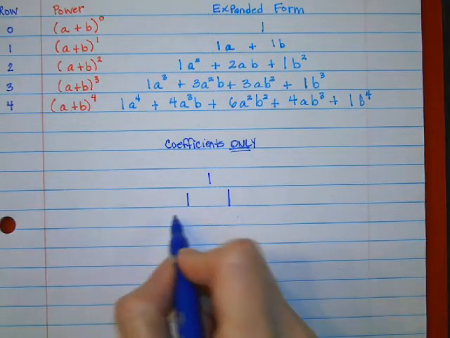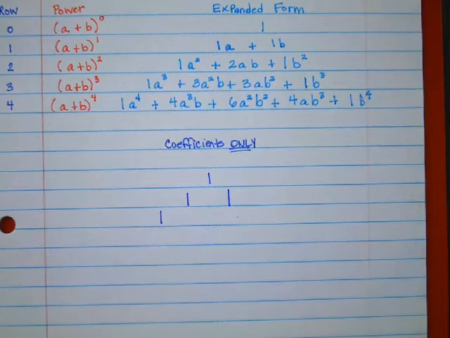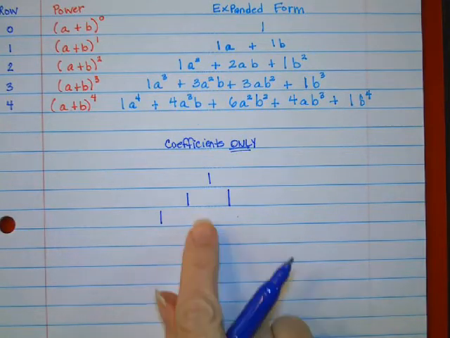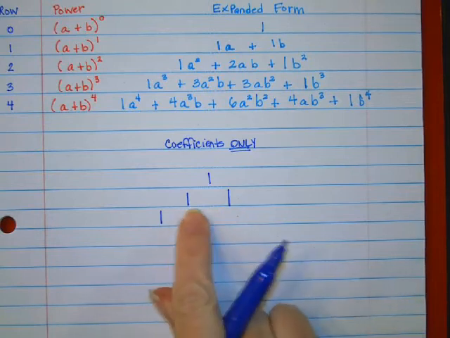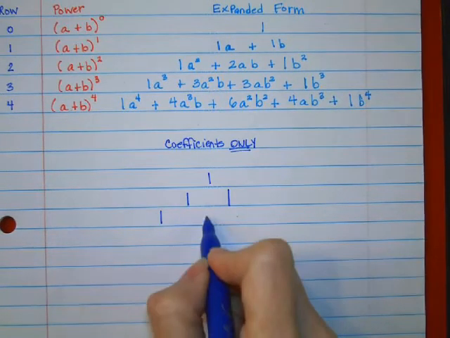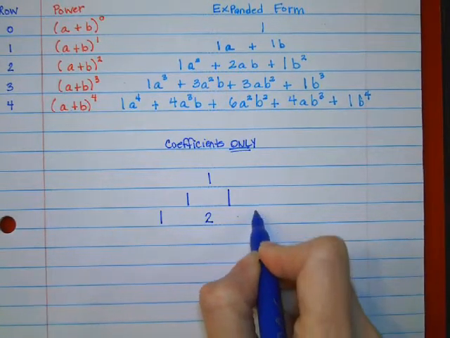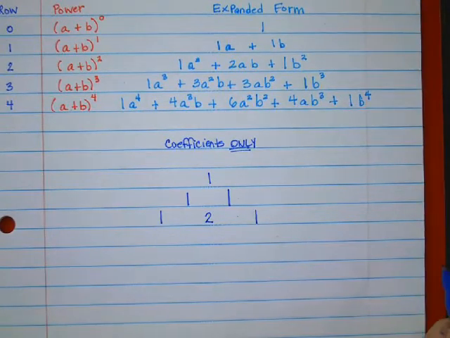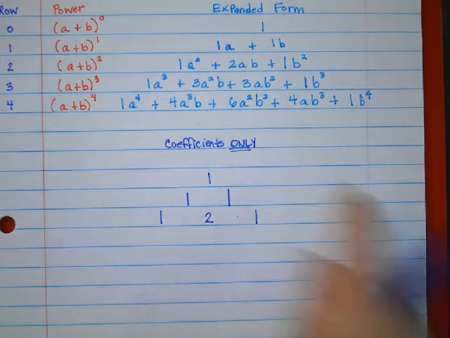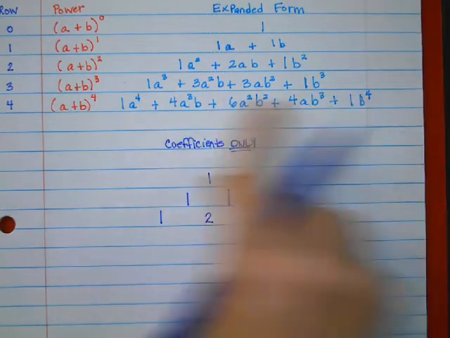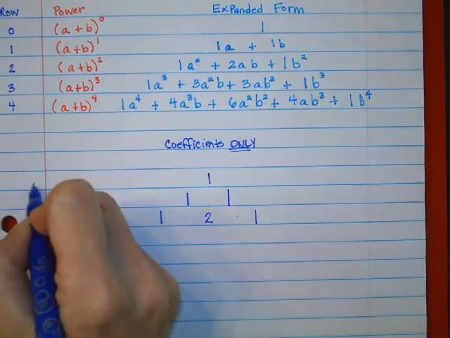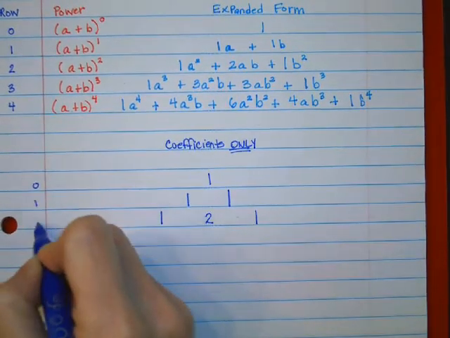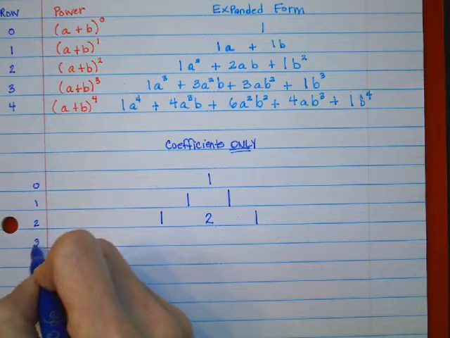So again, the third row, you're going to move over slightly and start with 1. To get the middle term, it's going to go right in here. You add these two together. So what's 1 plus 1? That's right, it's 2. And you end with 1. To go to the next row, remember, this is row 0, this is row 1, this is row 2, this is row 3.